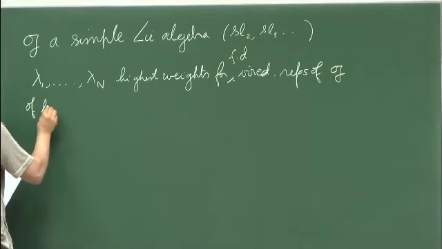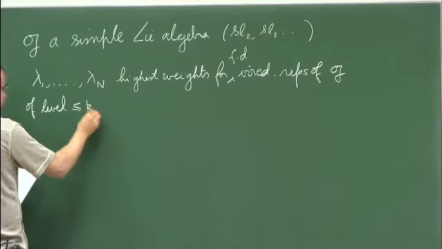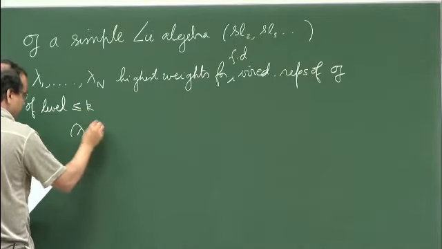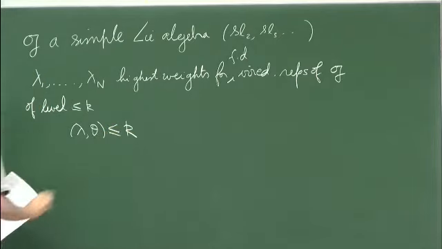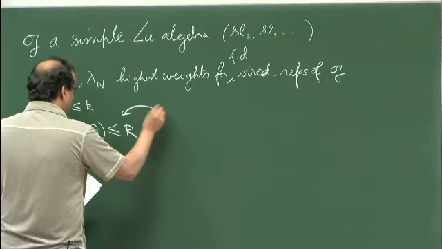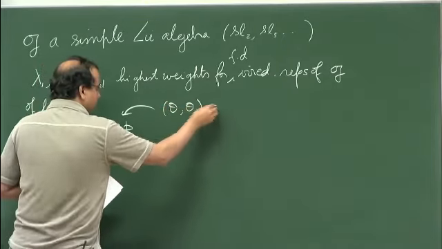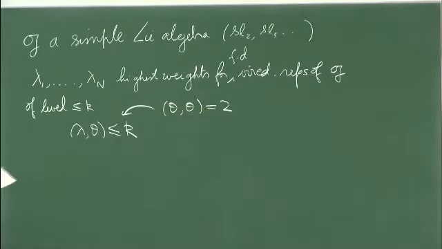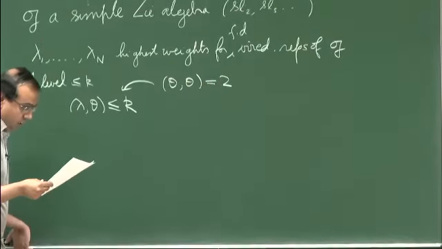So the level means that the inner product of lambda with the highest root theta is less than or equal to k, where this has to be normalized so that theta comma theta is equal to 2. So I have this data.